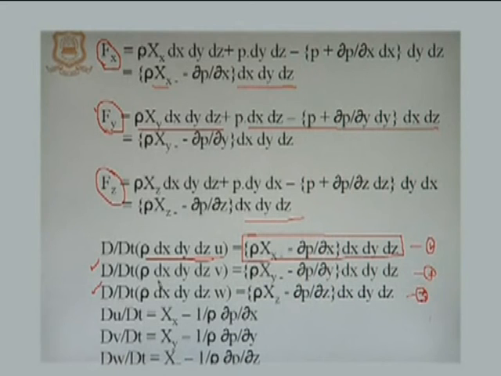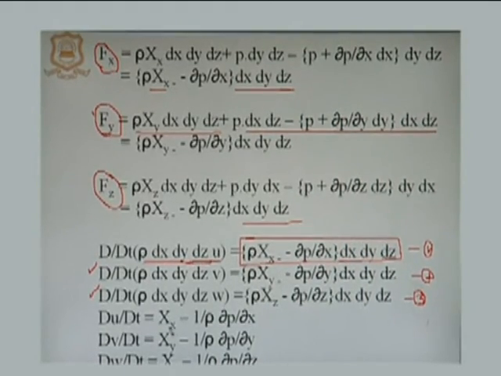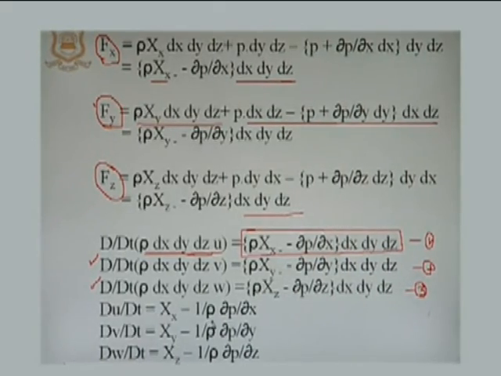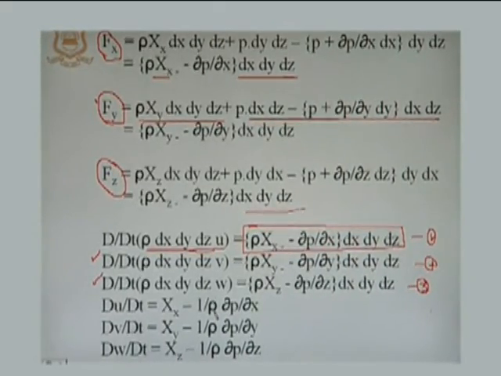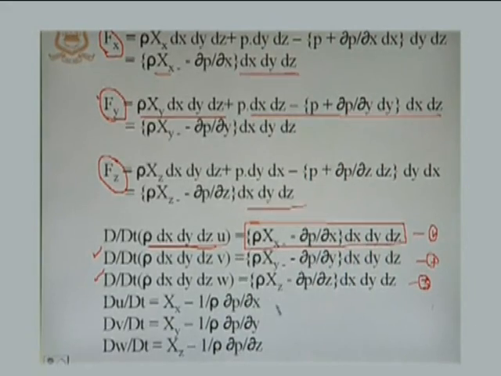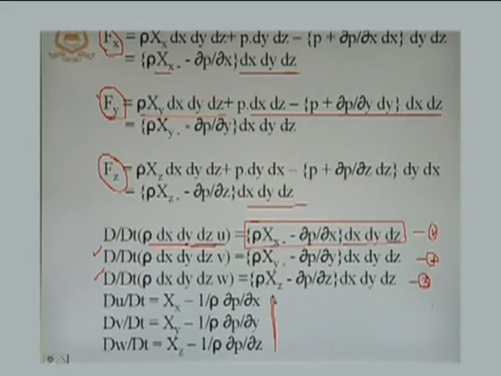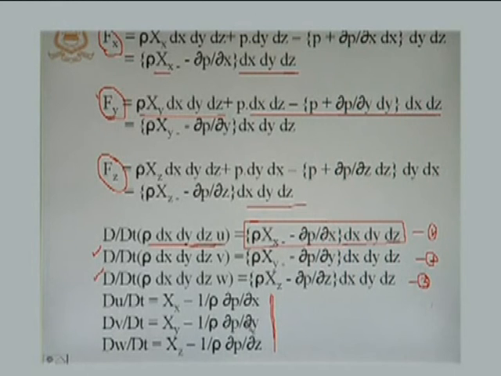For simplification, we can divide by dx dy dz, since it is the same, so it may be cancelled, and this may be written as du over dt equal to X_x, where X_x is the body force in the x direction per unit mass, minus 1 over rho, where rho is density, into del p over del x. So, in a simplified manner, Euler's equation can be written in the x direction, y direction and z direction.